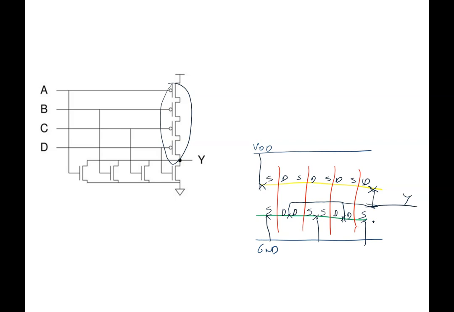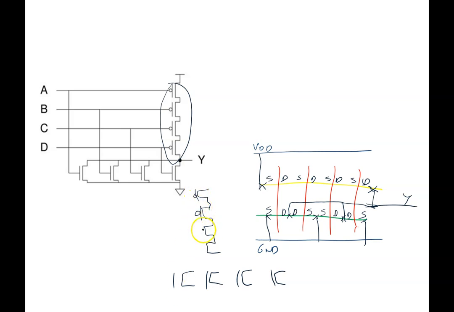And again, once you're asked the question, what is the function, you can just refer to the series stack. In this case, it's a PMOS. So you know what you're expecting on the NMOS side, which would be 4 NMOSes in parallel.